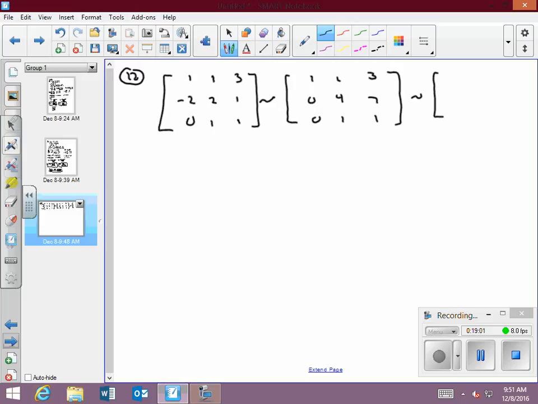If I took a fourth of the second row and subtracted it from the third row: 1, 1, 3, 0, 4, 7, 0, 0. So this would be 1 minus 7/4. That's 4/4 minus 7/4, that's minus 3/4. Is that right?